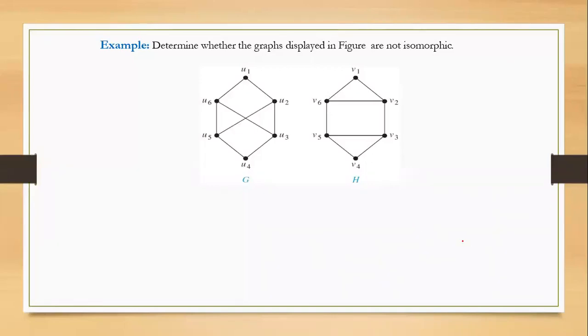Apart from that, if you count the degrees, 4 vertices have degree 3 and 2 vertices have degree 2.